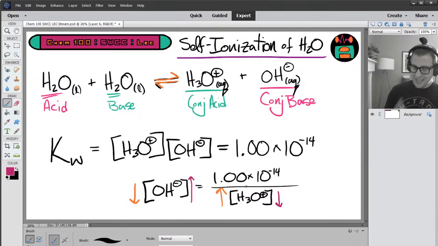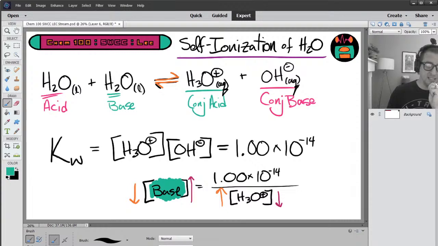Now I want you to think of this principle in terms of Svante Arrhenius' definition. Don't think of this as the concentration of hydroxide. Think of this as the concentration of base.